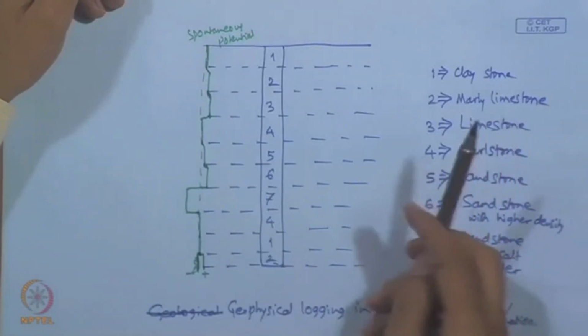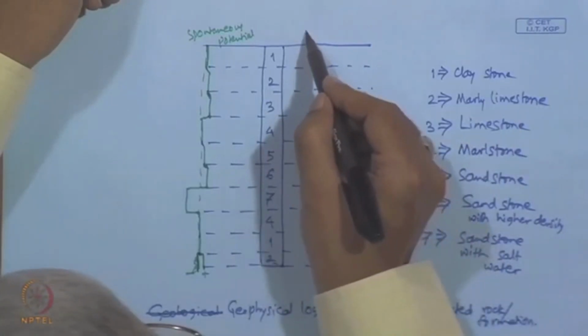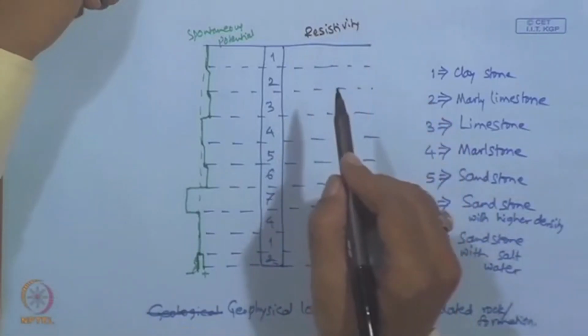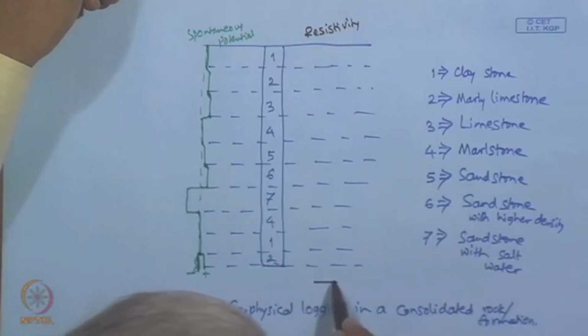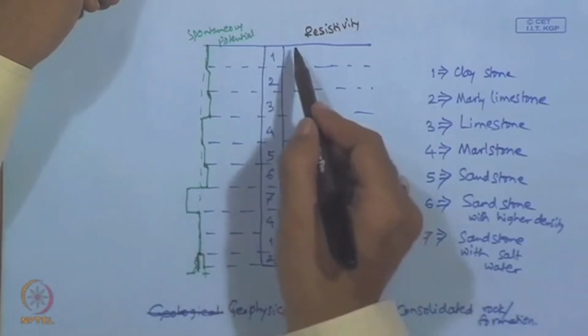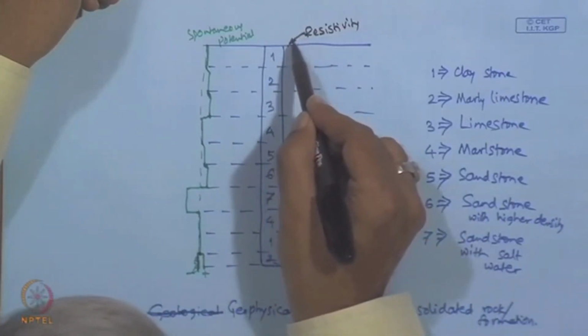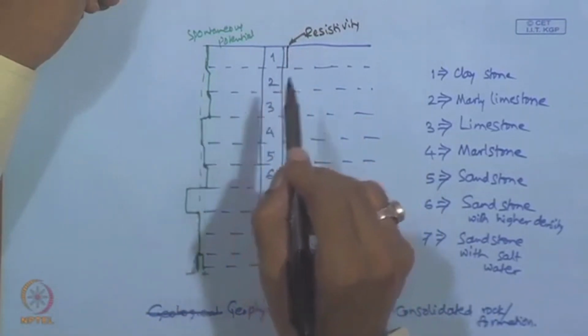And similarly, the geophysical logging in terms of the resistivity. Here this is the increasing direction, and the resistivity for clay or claystone is quite less.